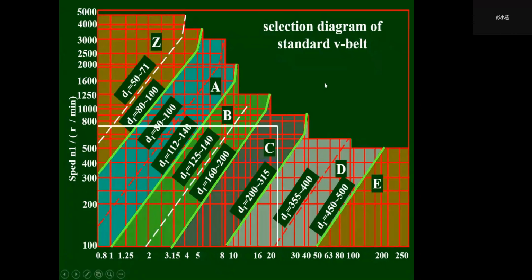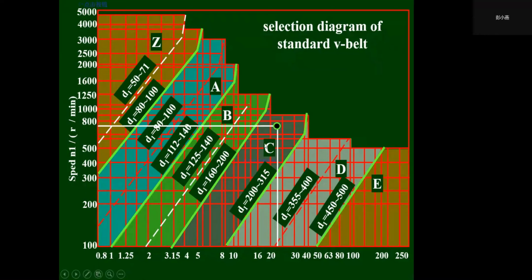For example, if the point is located there, it means the power is larger than 20, and the speed is nearly 800 revolutions per minute. Then this point is located in area C.